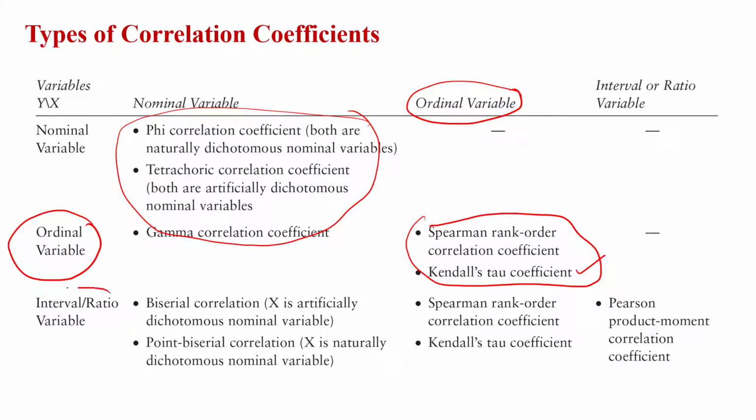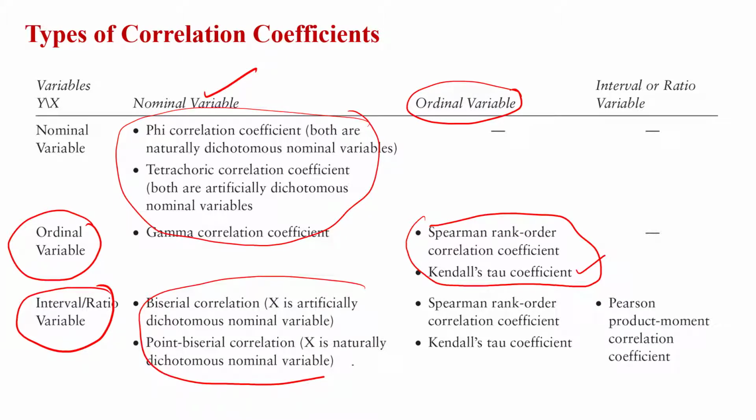Whereas if one of the variables is interval or ratio scale, or you can say continuous, whereas the other one is nominal, then we should apply the biserial or point biserial. If the nominal scale, which is also known as the dichotomous variable, is artificially dichotomous, then we can apply biserial. Whereas if it is a natural dichotomous, then we should apply the point biserial.